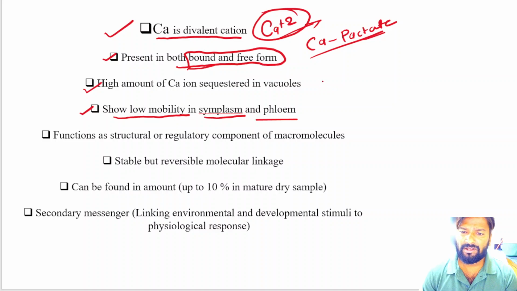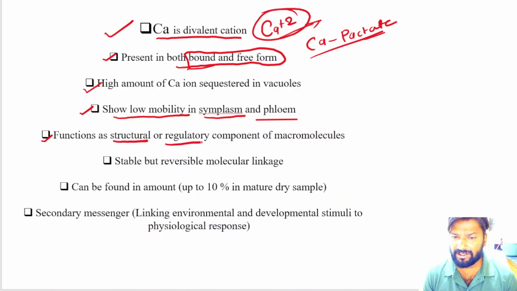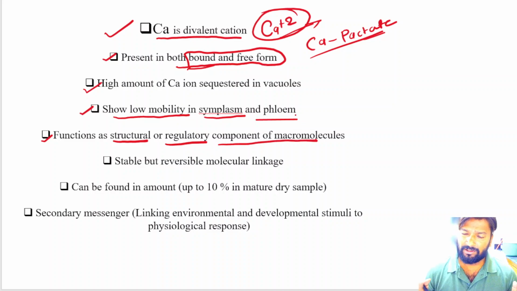So this is low mobility. And this calcium functions as both a structural and regulatory component of the plant. So calcium works in both ways: one, it will provide structural support, and second, it regulates some crucial plant processes.